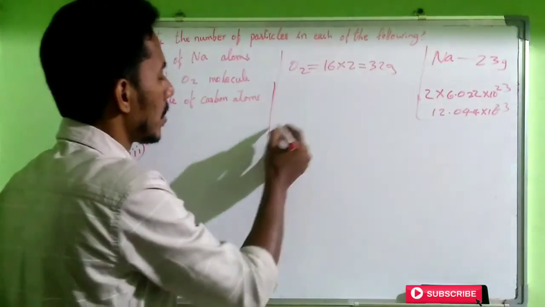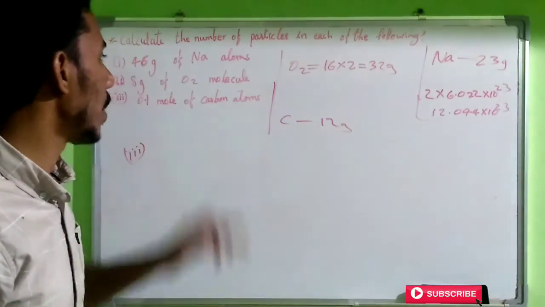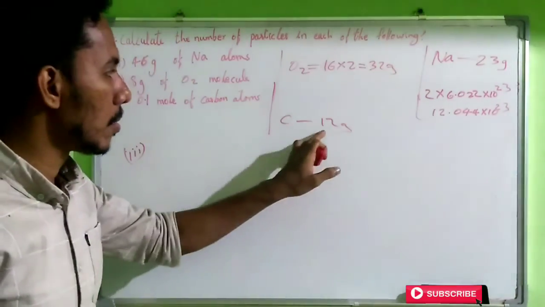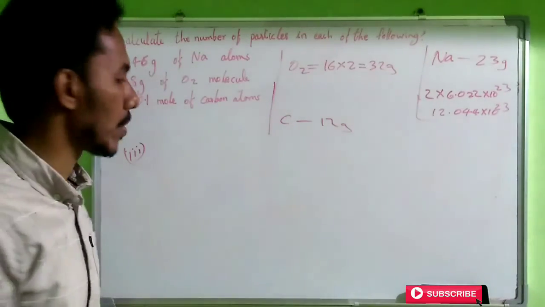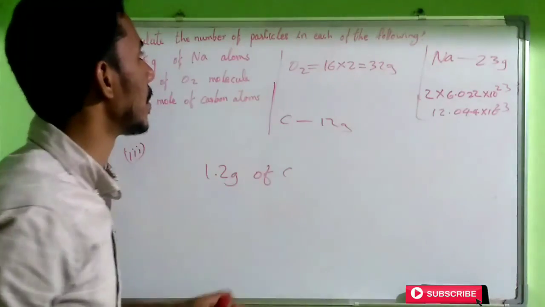So what is the atomic mass of carbon? 12 gram. 0.1 mole means 1.2 gram. Okay, 1.2 gram of carbon is present.